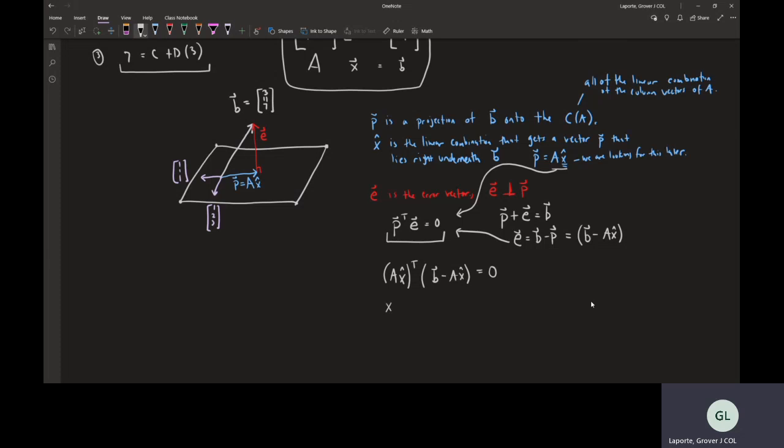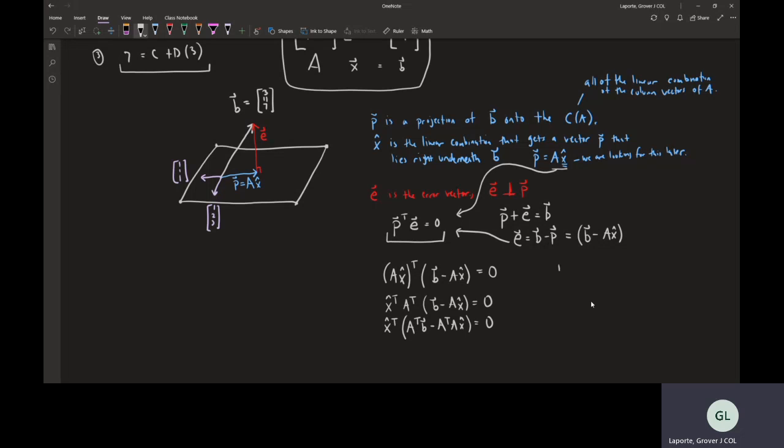So X hat transpose A transpose times B minus AX hat is equal to 0. I'm going to leave X hat transpose out, so A transpose B minus A transpose A X hat is equal to 0.